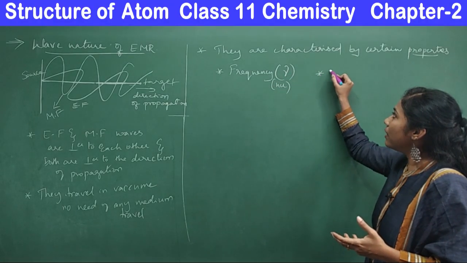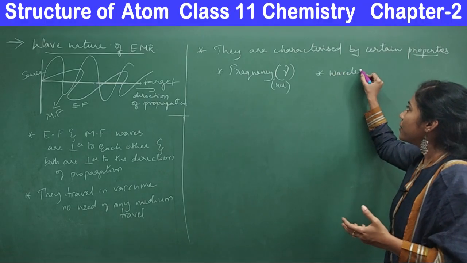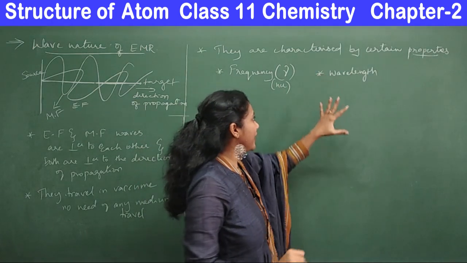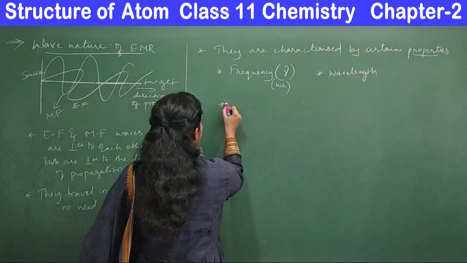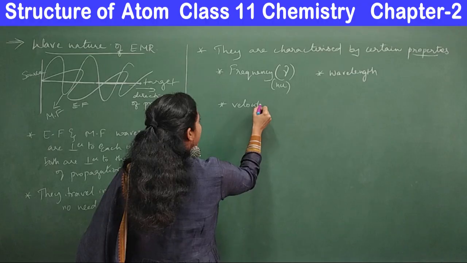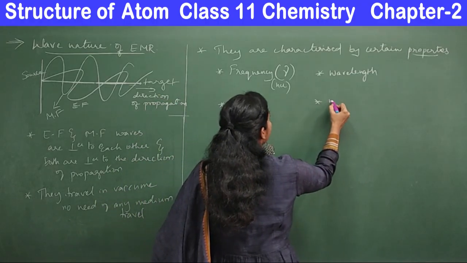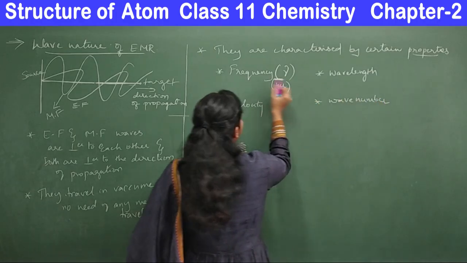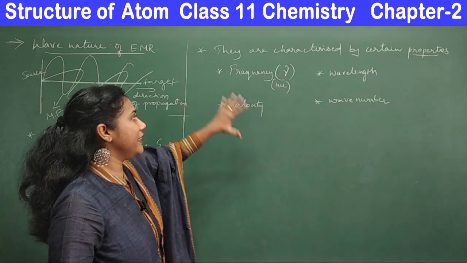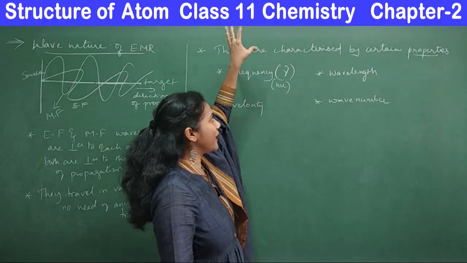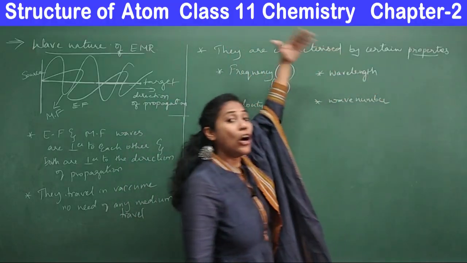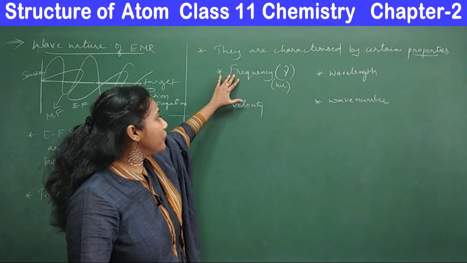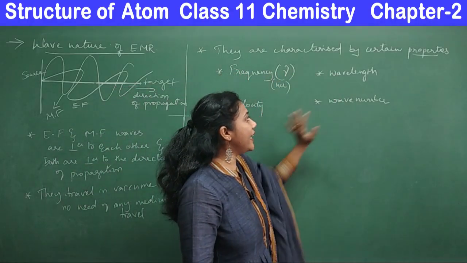The next one is wavelength, because a wave is always characterized with the help of a property called wavelength. Then velocity and wave number. Each and every electromagnetic wave can be characterized with the help of these properties: frequency, velocity, wavelength and wave number.